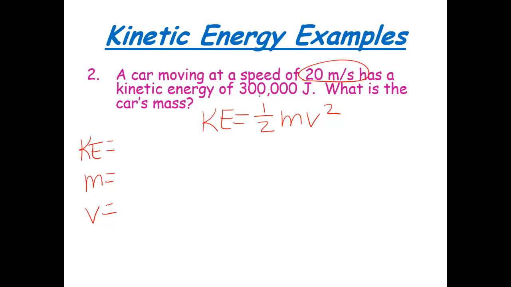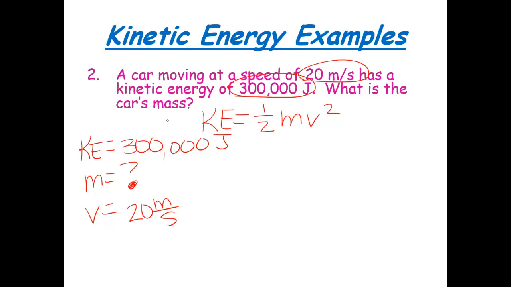What is the car's mass? So 20 meters per second, that's your velocity. Kinetic energy, 300,000 joules. Notice the only thing we have left is the mass, which is good because that's the question.